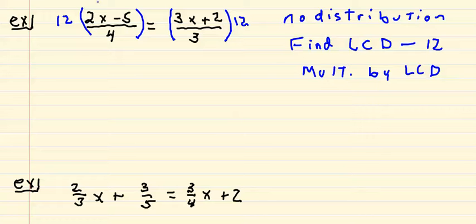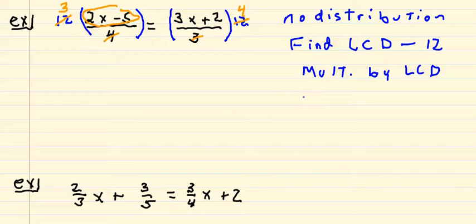All right, when we do that, 4 goes into 12 3 times, 3 goes into 12 4 times, and now, because I have an expression in the numerator, I'm going to have to distribute.